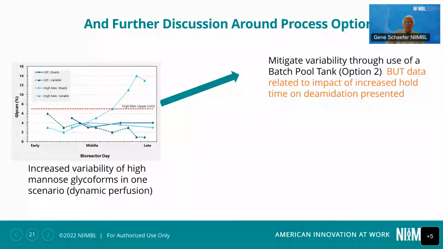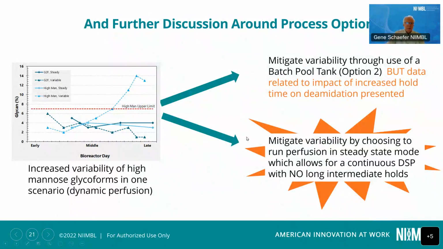But we also introduced data related to impact of increased hold at that point in the process on deamidation rates, and made an argument that holding the process midstream would mitigate the variability for high mannose, but would increase the variability in the deamidation, and possibly to an unacceptable level.